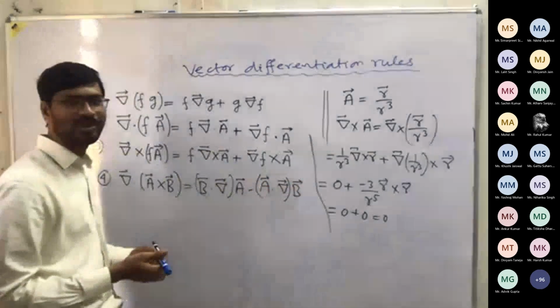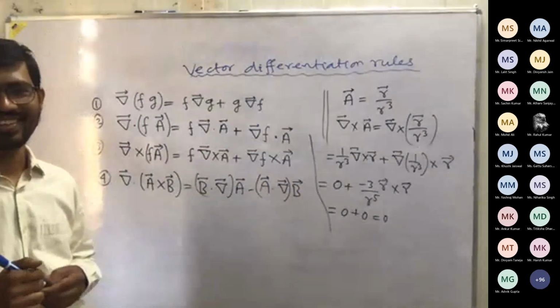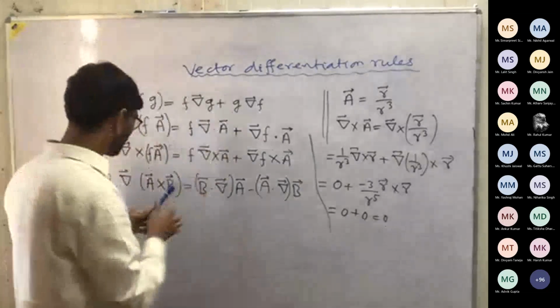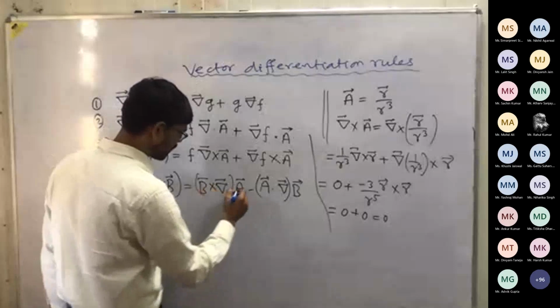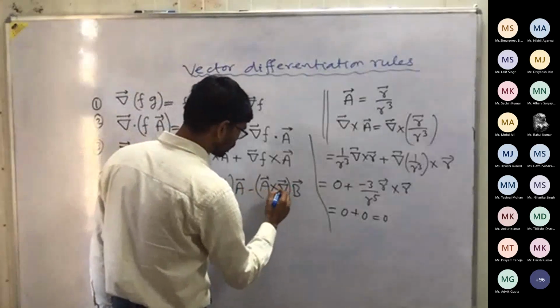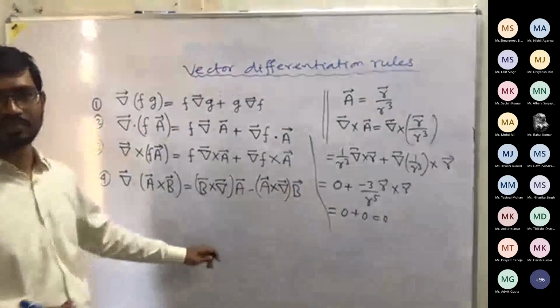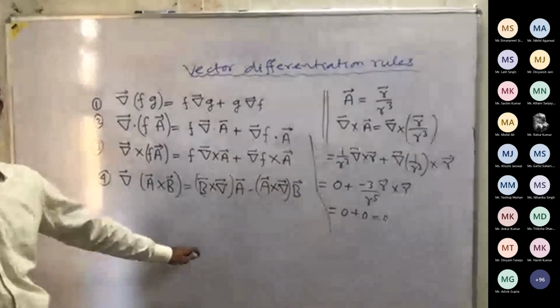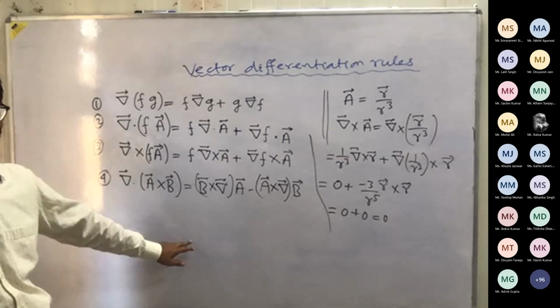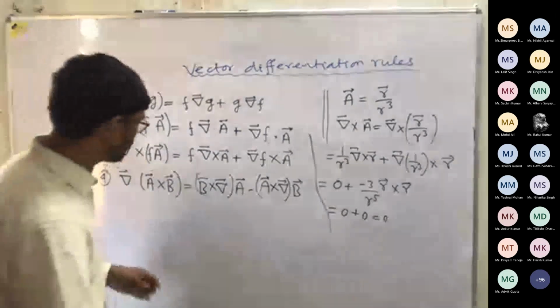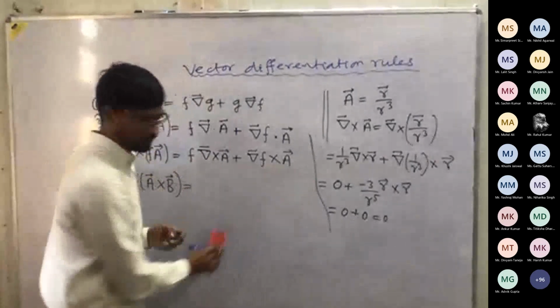You see the way I wrote. Oh my God. So this I wrote for the del. B cross curl A minus A cross curl B. B dot, I'm just doing the wrong thing.